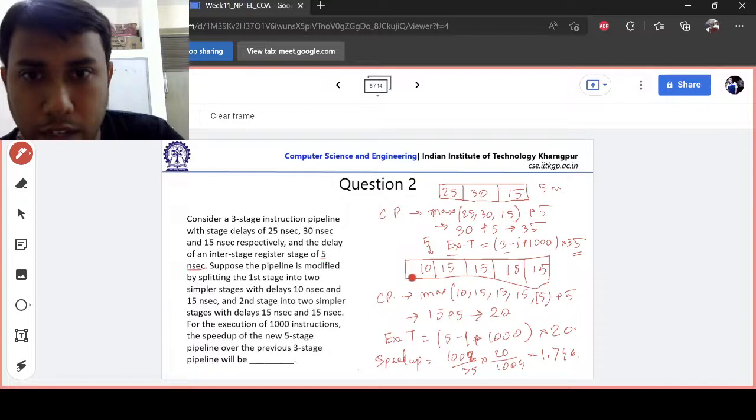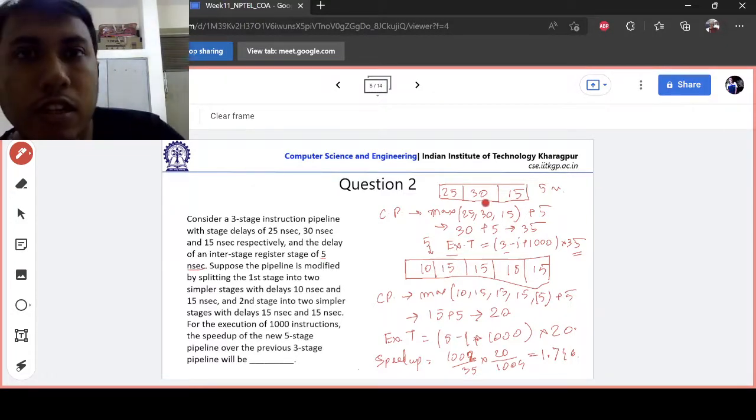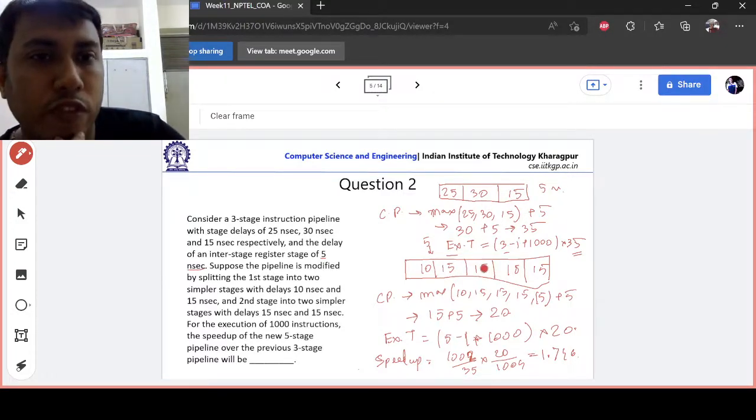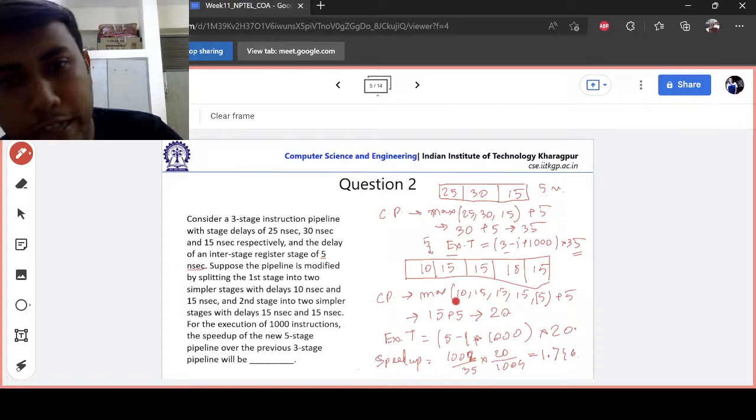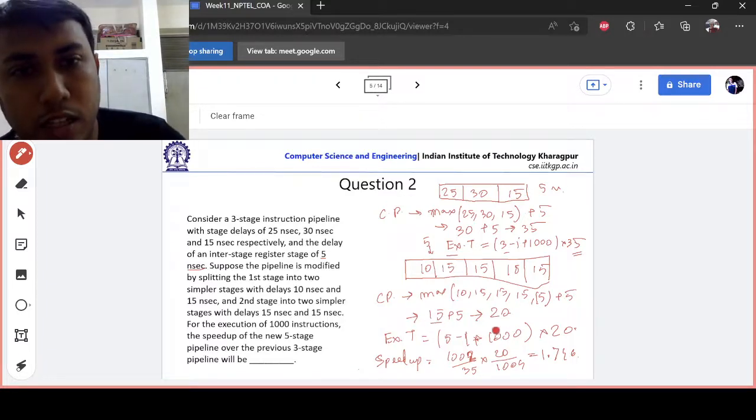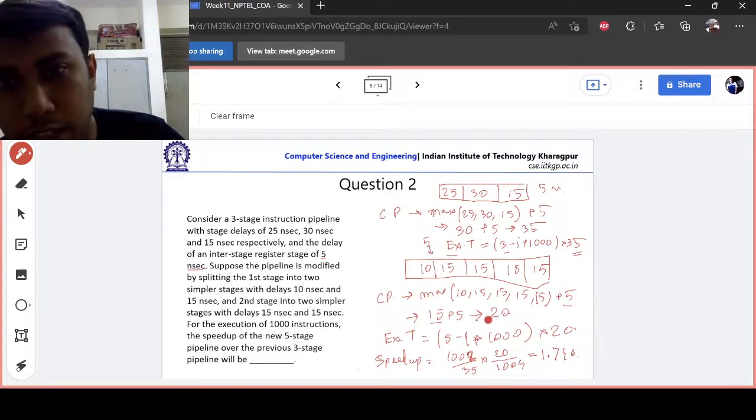Next, it is said that the first stage is divided into 2 smaller stages, that is for the 5 stage pipeline, that is 10 and 15, and the second stage is divided into 2 smaller parts, that is 15 and 15. So what will be the maximum clock period? The maximum clock time for one stage is 15, and the 5 is the interstage delay.